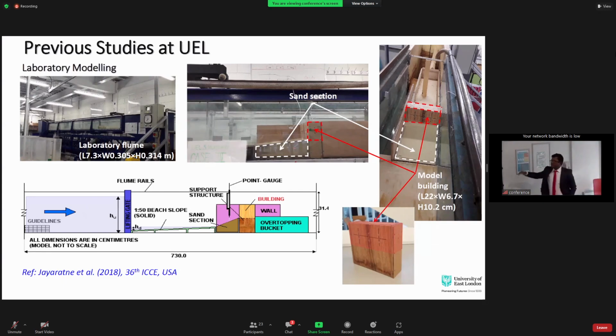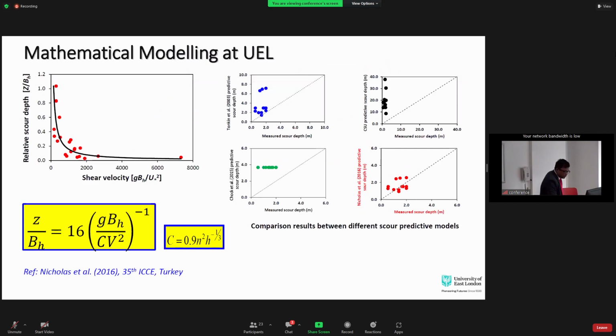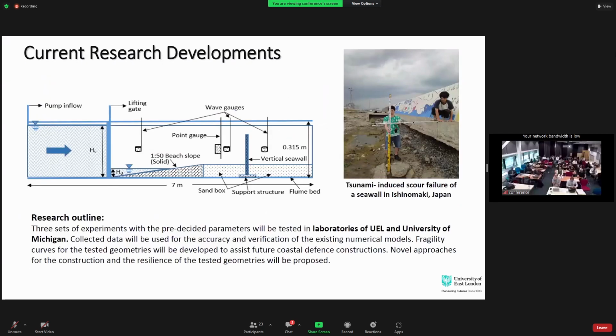We have a structure on the other side of the flume, and we analyzed what happens to the buildings when a tsunami wave hits. We developed some equations to calculate the scour depth on the leeward side of the structure. My current research is investigating the different geometries of sea defense structures, and we are planning to propose new scour depth formulas so that we can have safer cities in the future. Thank you.